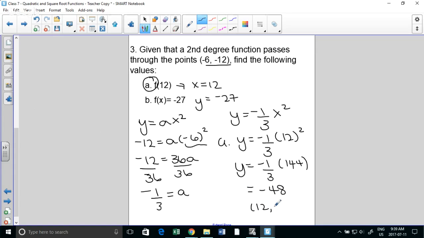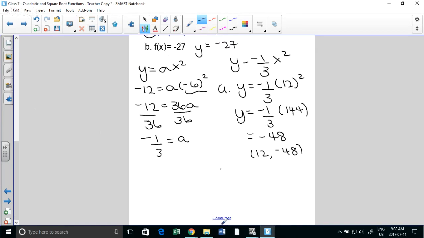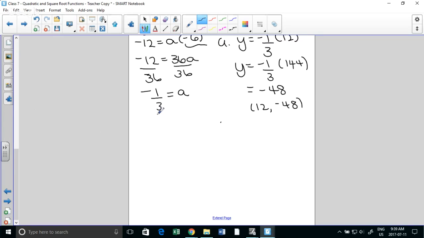So 12 and -48 is a point on my parabola. The trick with parabolas, if you remember, y equals -27. So if I'm solving for an x, the negatives cancel out.